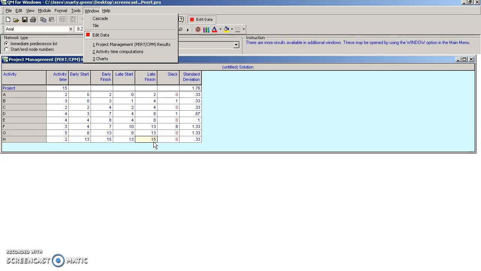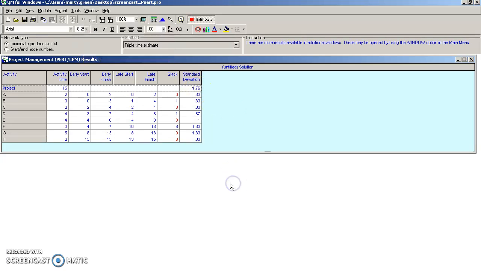But if we want to know the probability that we complete it in 17 weeks, we can use the standard deviation, use the 15 as our mean, and then use our x, which is 17. We want to know the probability that we can do it in 17 weeks or less. We've got our standard deviation, as I'd mentioned twice already, right here.